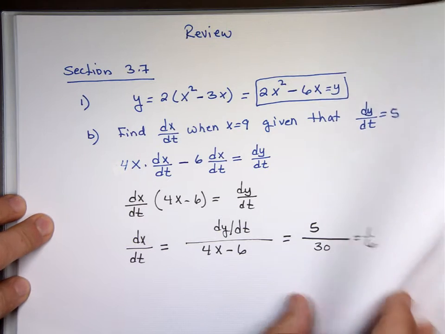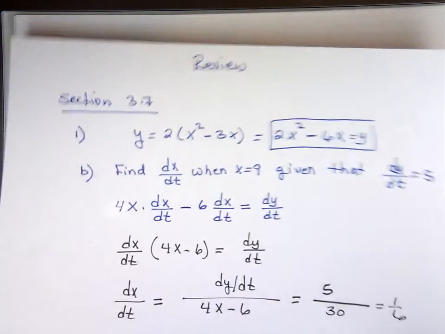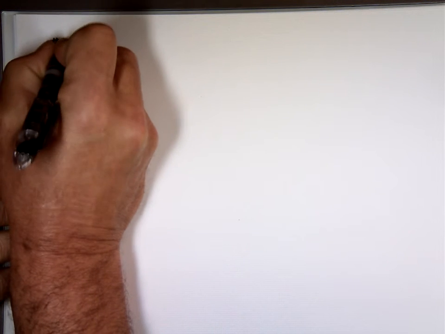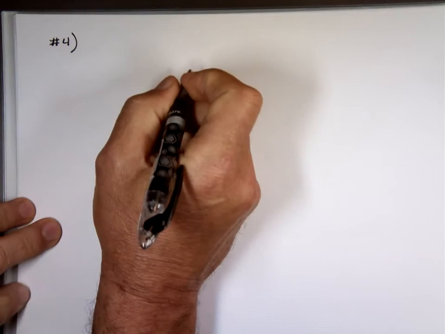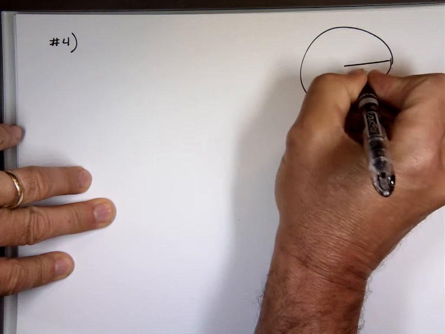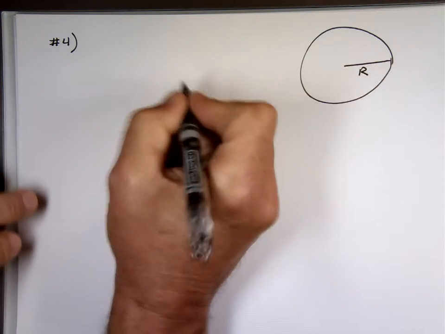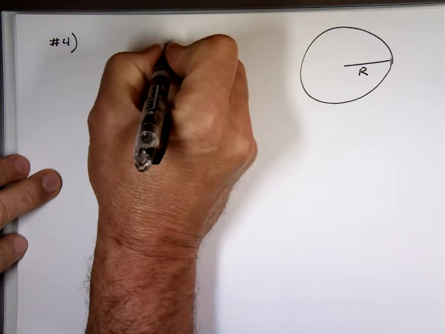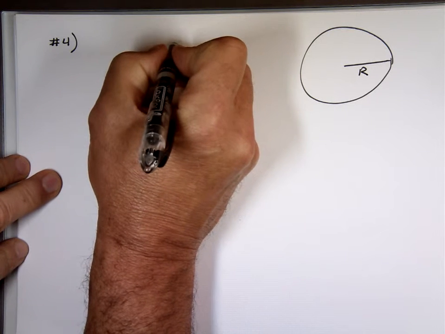The next one, we're still in the same section. Number 4. This is the radius of a circle. We have a circle. The radius r. The radius of a circle is increasing at the rate of 4 centimeters per minute.